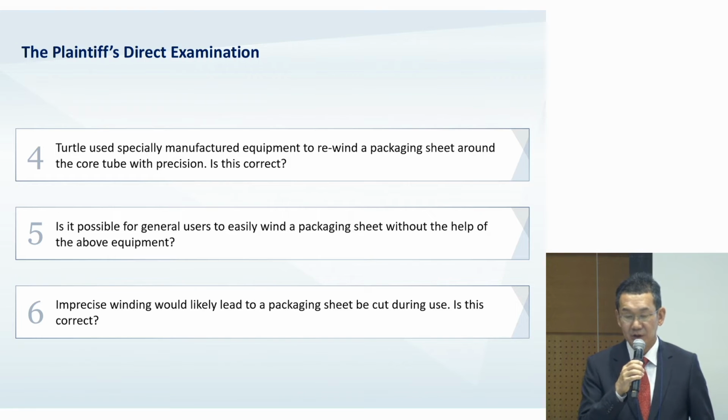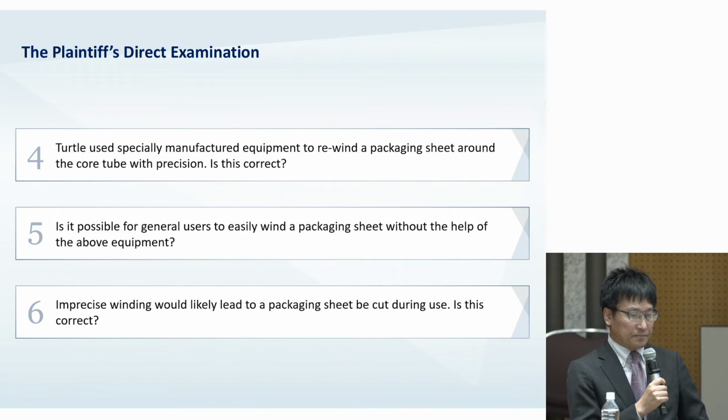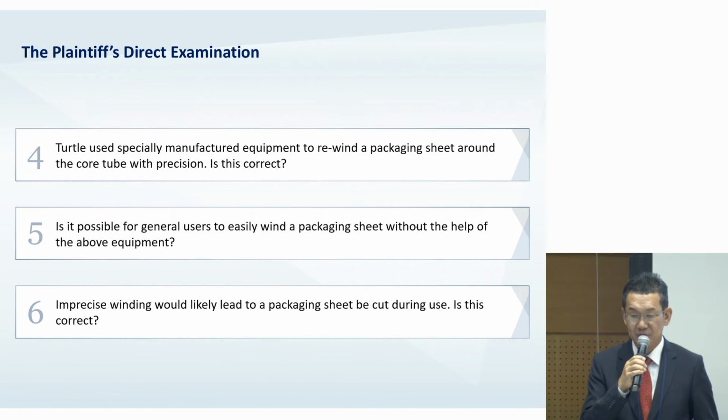Total, the subsidiary of the defendant, used specially manufactured equipment to rewind a packaging sheet around the core tube with precision. Is that correct? Yes. It's very important testimony, I believe.